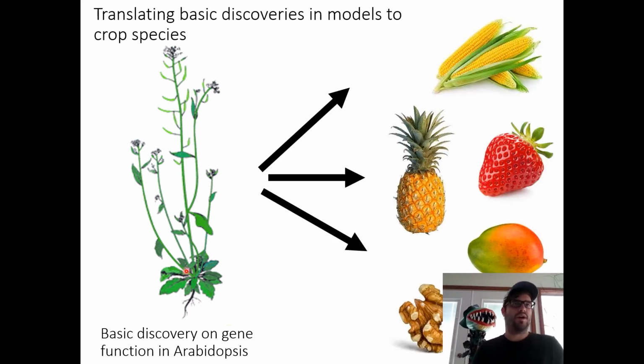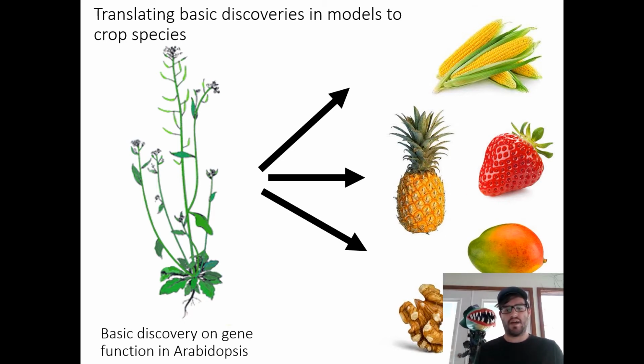Maybe we want to find a gene involved in bacterial stress response in Arabidopsis, and know how that corresponds to pineapple, maize, strawberry, mango, or walnut. So we need to use comparative genomics to identify the genes in our model species and their corresponding orthologs, or orthologous sequences, in other species.